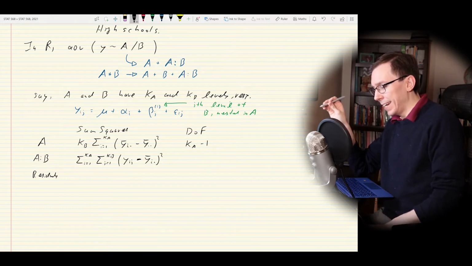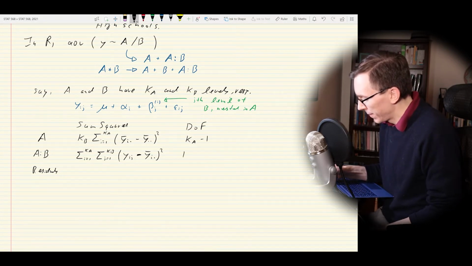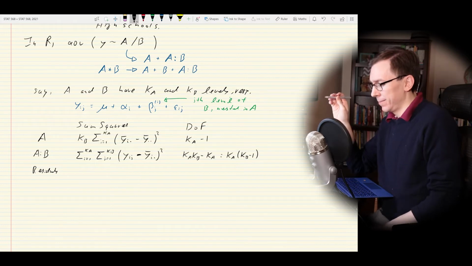And in this case, we're going to have degrees of freedom Ka Kb minus Ka, which is going to be Ka, Kb minus 1.